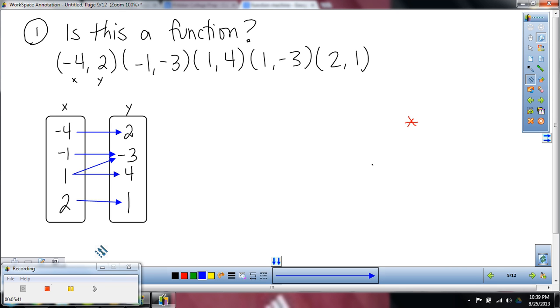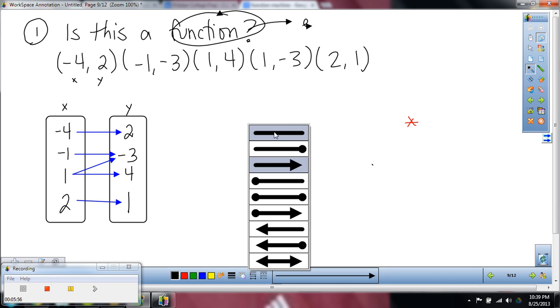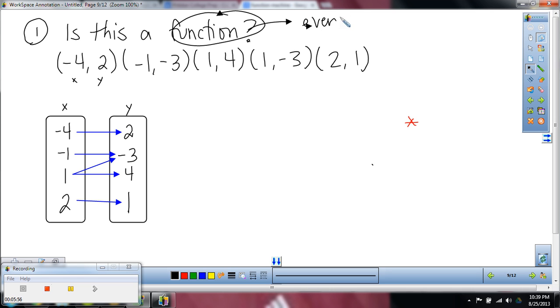So if we think back to the definition of a function, they want to know, is this a function? Well, we know that a function means every input with exactly one output.